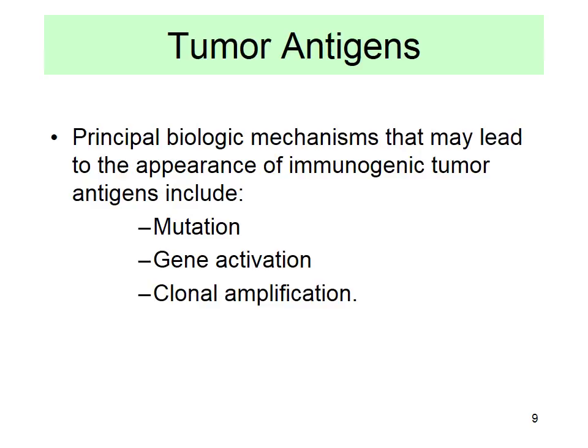So the same thing that was helpful for you to generate a specific antibody for a specific microorganism, or a specific T cell to take care of a specific bacteria or virus, the same mechanism can mutate and cause cancer as well. Because it already has this capability to mutate, it can activate the gene, it can cause clonal amplification.